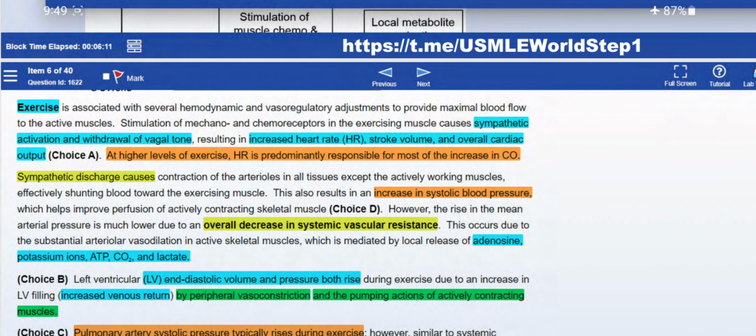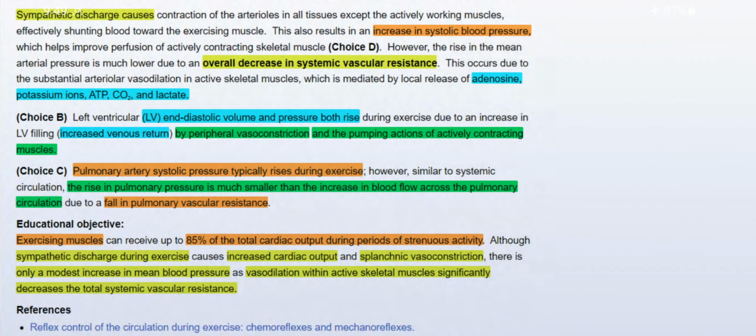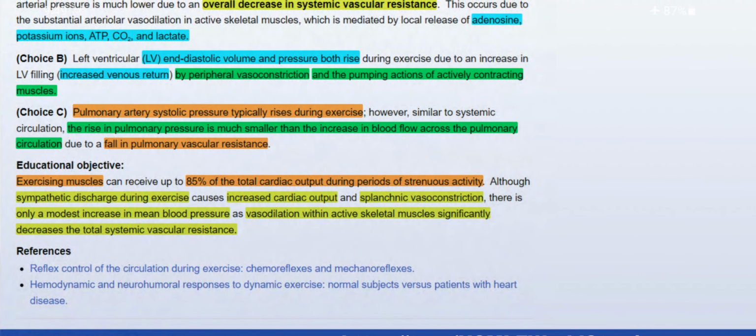Overall decrease in systemic vascular resistance. This is the answer. Left ventricular end diastolic volume and pressure both rise because of increased venous return. The mechanism is peripheral vasoconstriction and the pumping actions of actively contracting muscle.